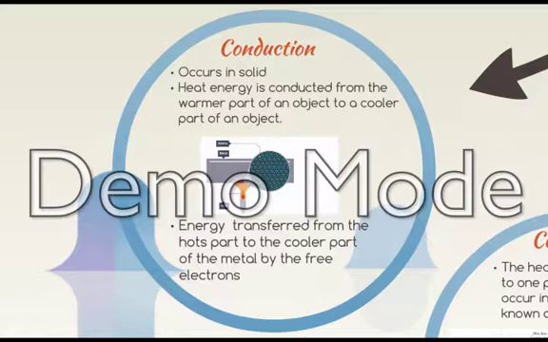The metal ions are packed close together and vibrate continually. When we heat a piece of metal, the hotter the metal, the more kinetic energy the vibrations have. This kinetic energy is transferred from the hot part to the cooler part of the metal by free electrons. Since metals are good conductors of heat, gases and liquids are usually bad conductors.